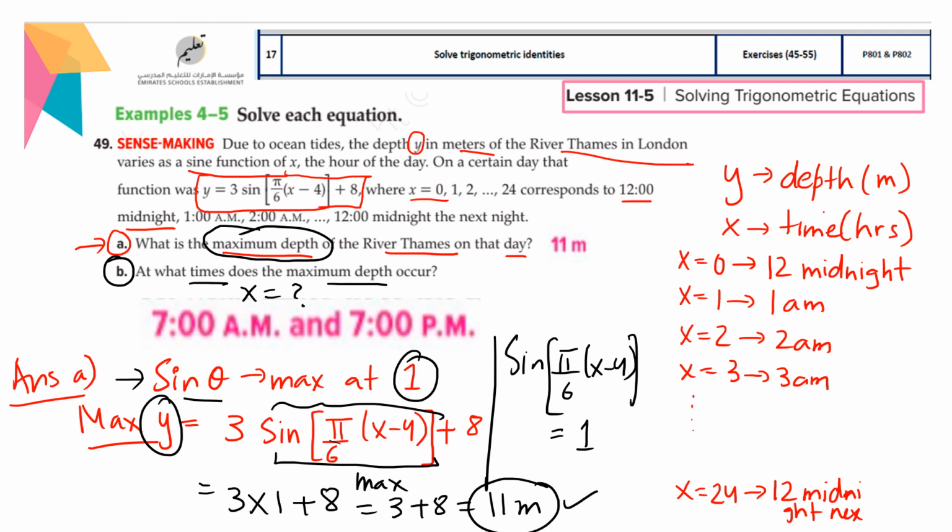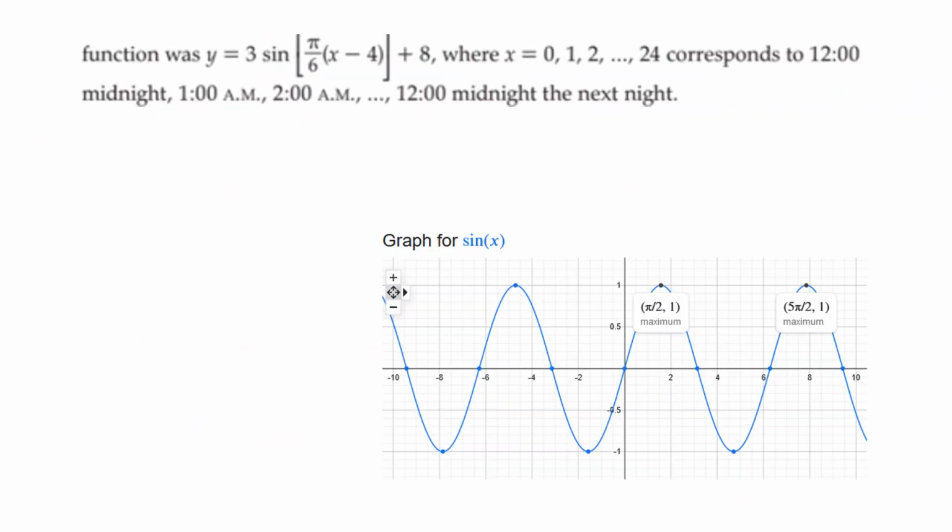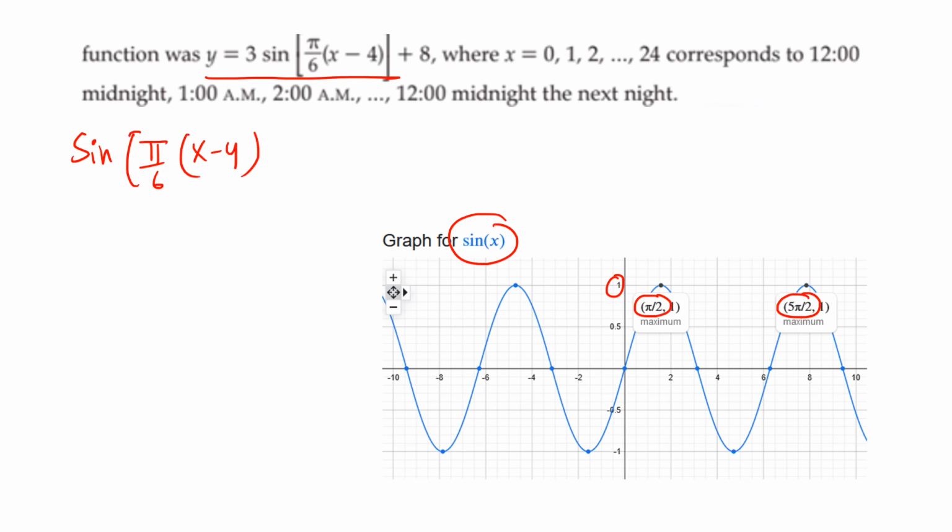So now we will change the slide, go to the next one and look at the graph and solve this accordingly. So this is your graph of sine x. I want you to observe. It is becoming maximum at 1. At what values? Pi by 2 and 5 pi by 2. So this graph is very important. So the value of x we need is where it is becoming maximum.